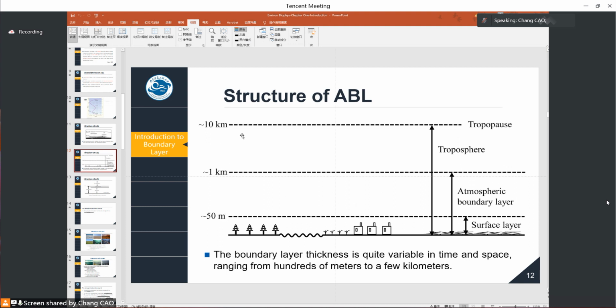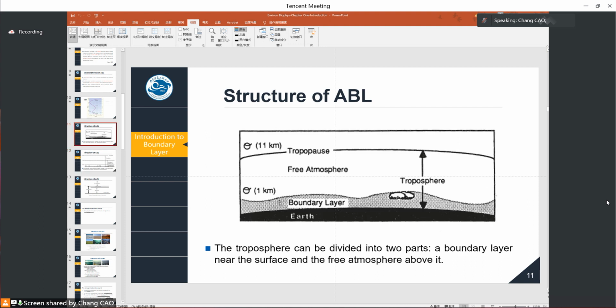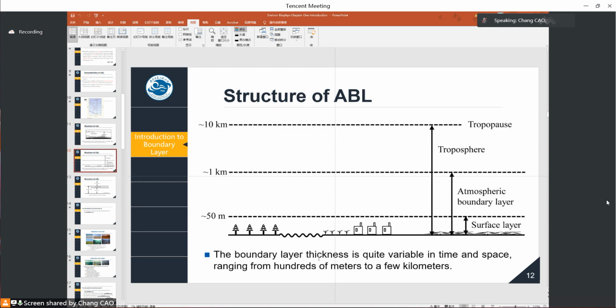If we divide the troposphere into two parts, it will be the free atmosphere and the atmospheric boundary layer. The boundary layer height is quite variable in time and space, ranging from hundreds of meters to a few kilometers. But usually we think it has an average height of about 1 kilometer. I hope that you all can understand this.